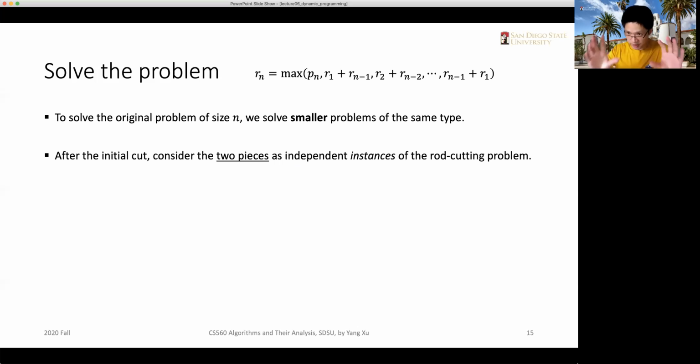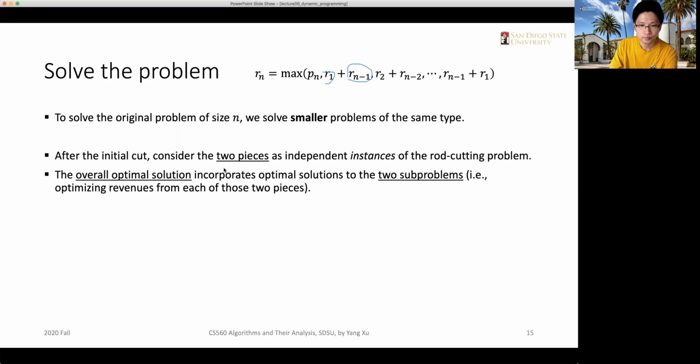This is similar to the divide and conquer approach: after we divide the original problem into subproblems, each subproblem should be a smaller instance of the original problem. The rod cutting problem is the same case. Solving R1 or Rn minus 1 is the same type of problem as solving the original problem.